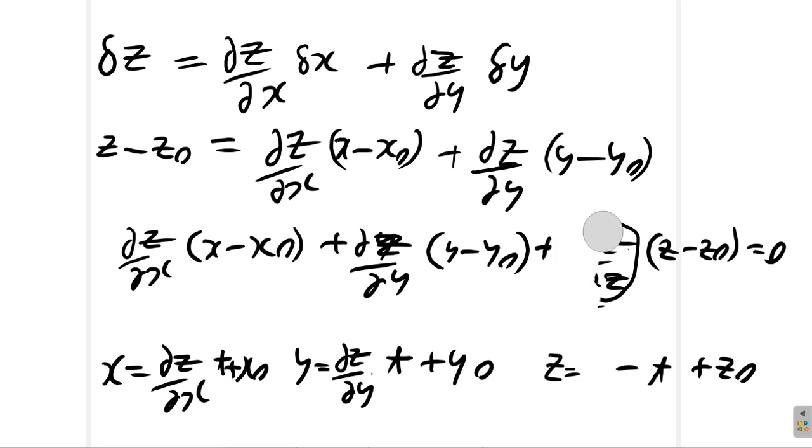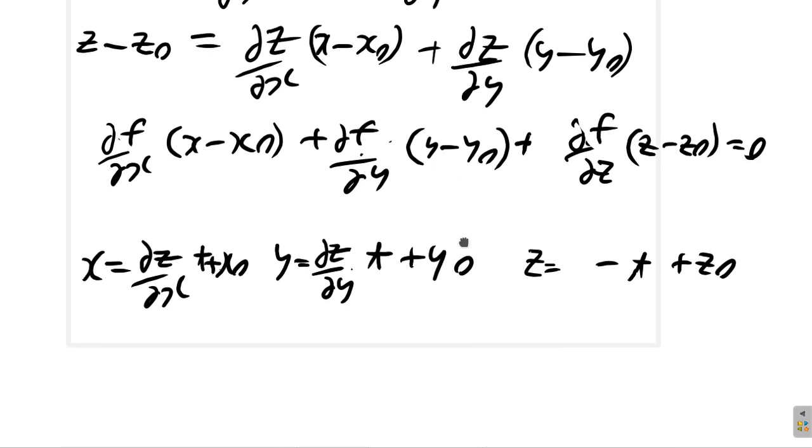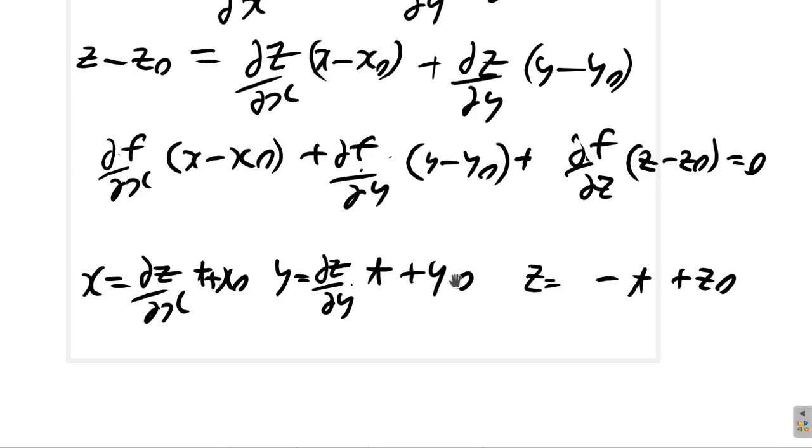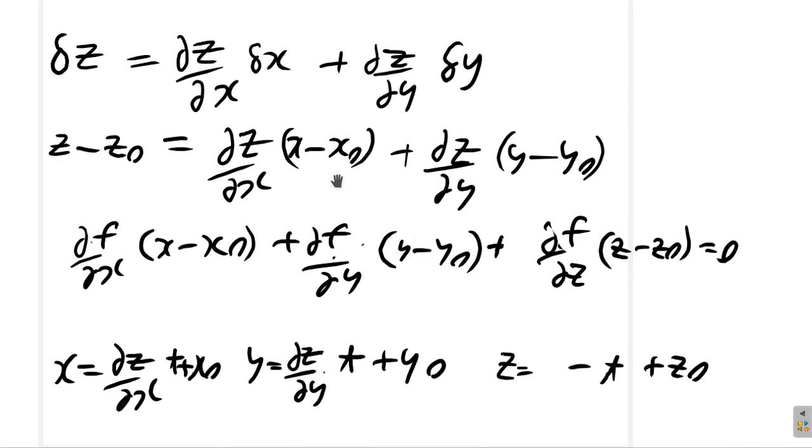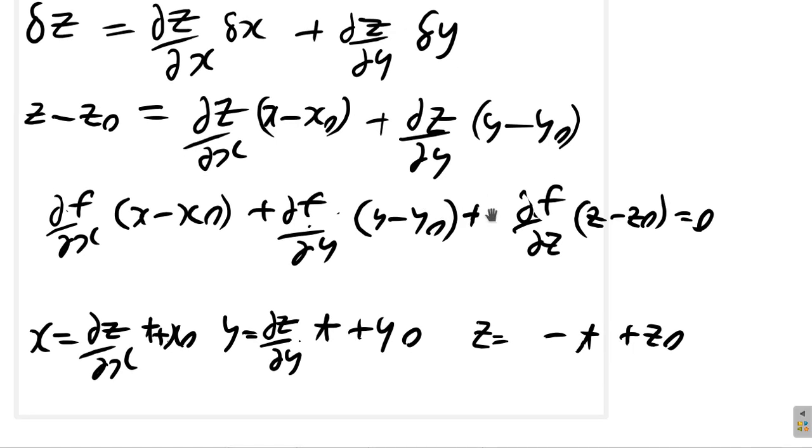Remember the basic equation, just a reminder here, the basic equation is delta z by delta z. Now sometimes f is used instead of z. So if you use f to represent the function, delta f by delta x, delta f by delta y, delta f by delta z is what you would have. Alright? Now here, we're going to look at solving the particular equations that we are given.